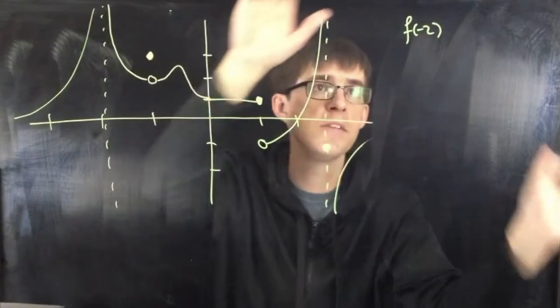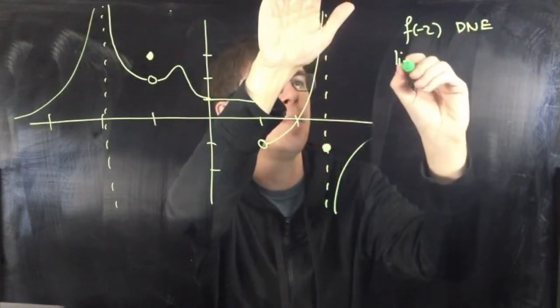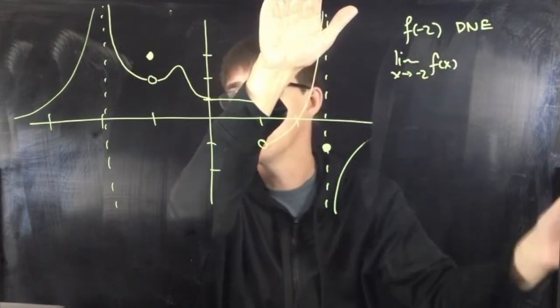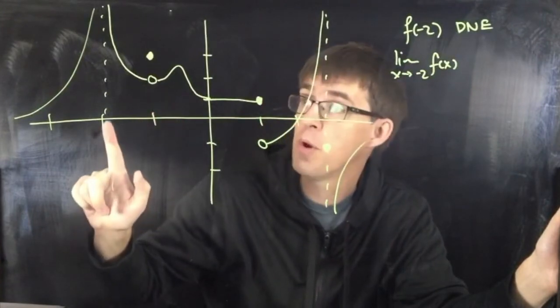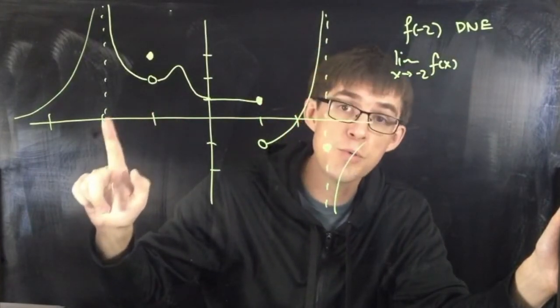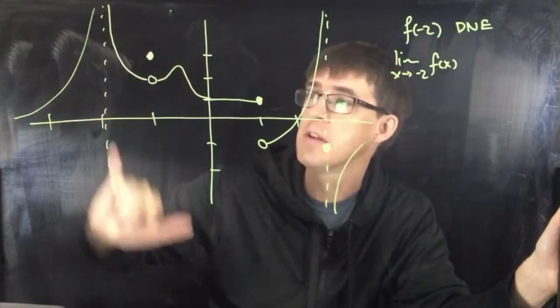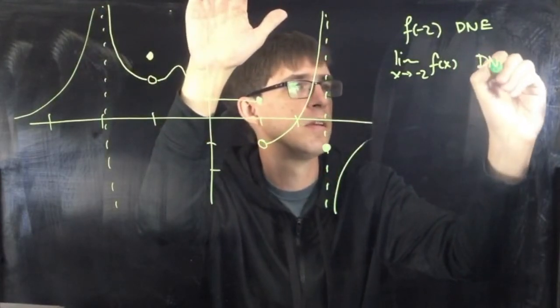That means f of -2 does not exist. How about lim x goes to -2 of f of x? What does the curve approach? The y values do not approach anything. It's like the one we just talked about. So this limit does not exist.